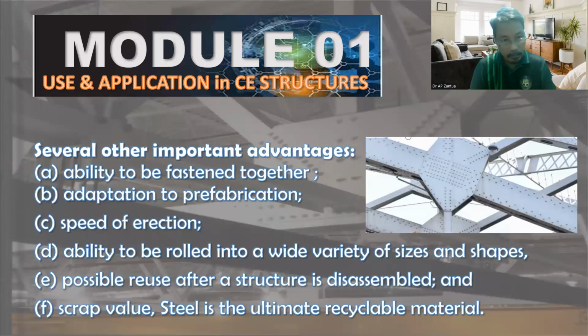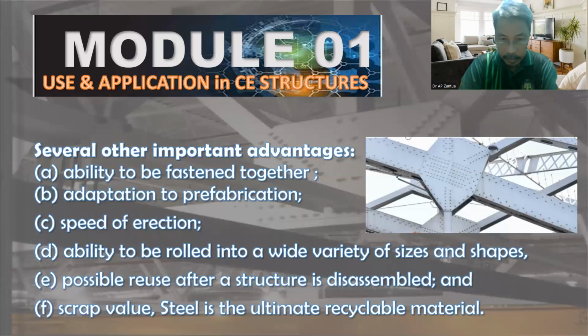Okay. So letter D, ability to be rolled into a wide variety of sizes and shapes. Another advantage could easily be structural shape and size. So you just have to pick the necessary design size and shape.